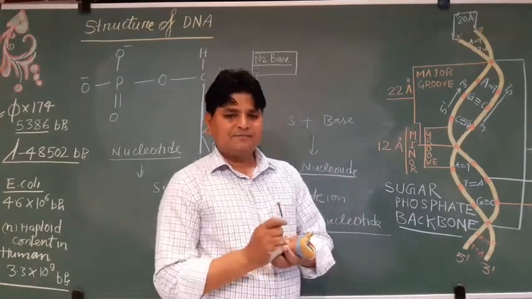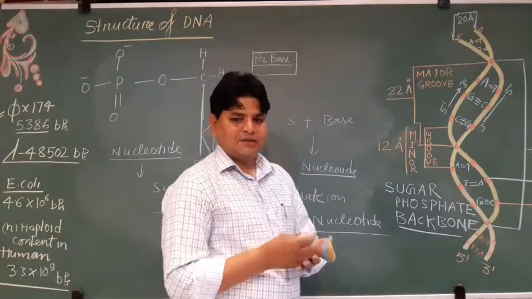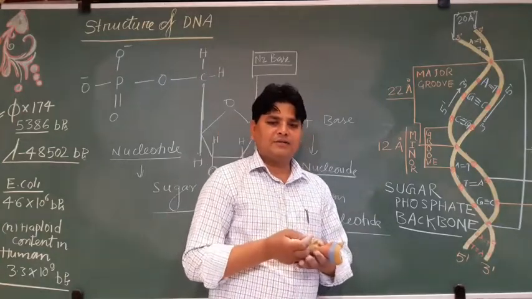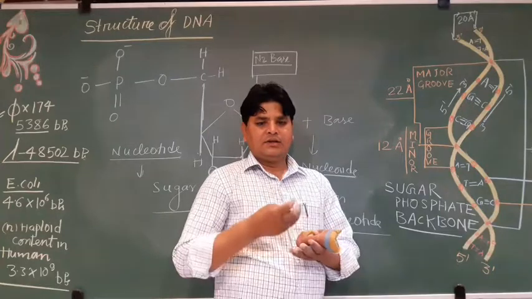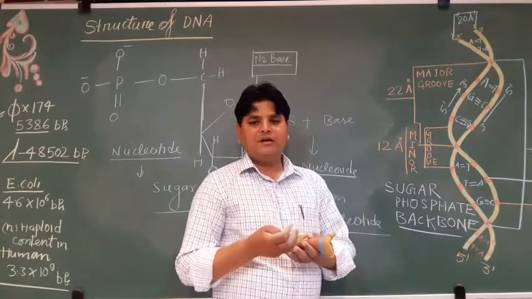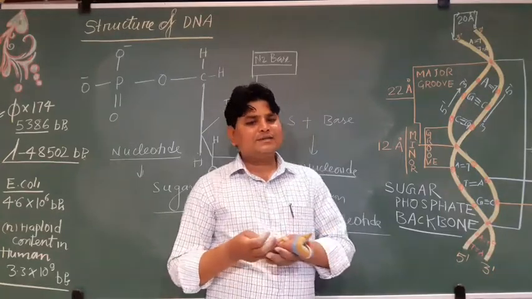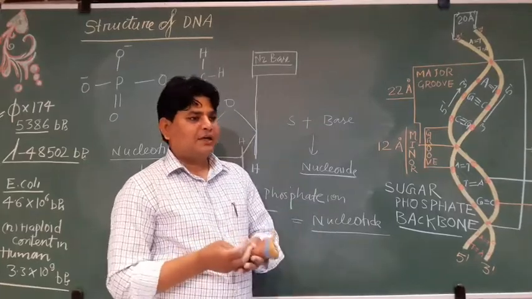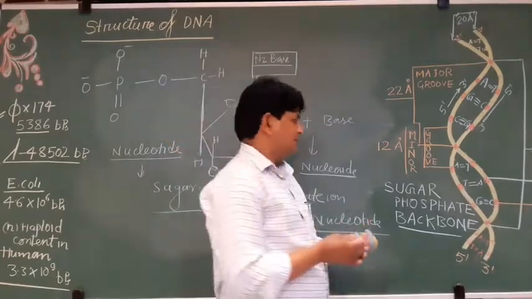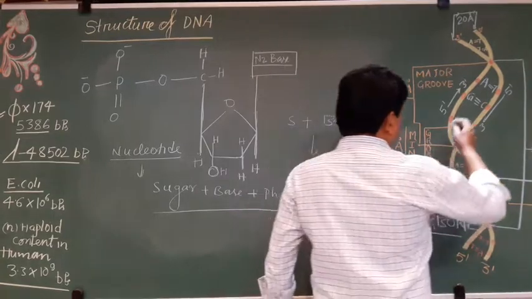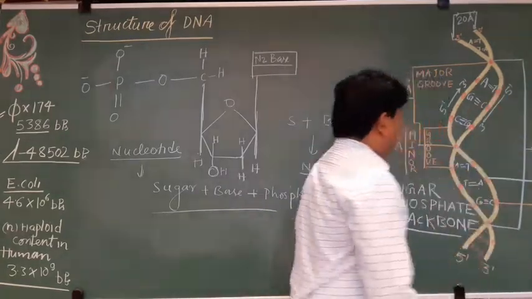As a result, purines come opposite to pyrimidines. This generates an approximately uniform distance between the two strands of the helix. For example, just look at the double helical structure.